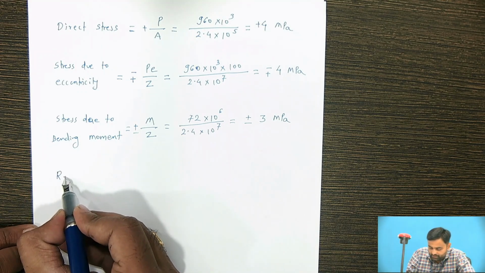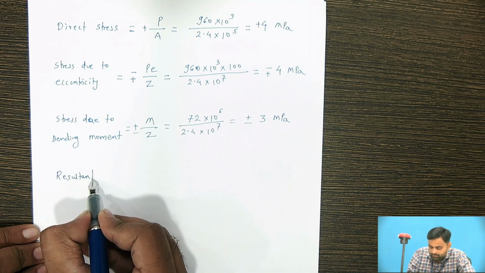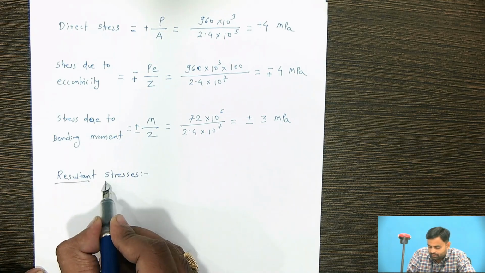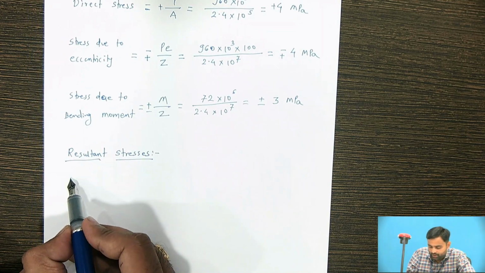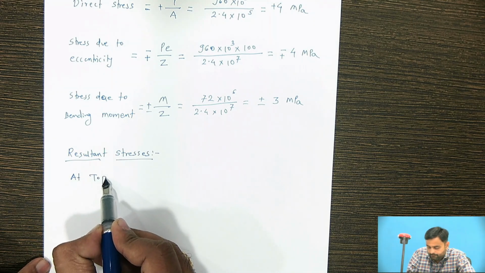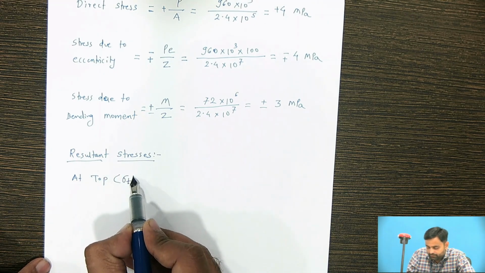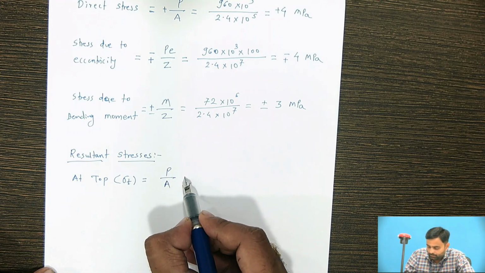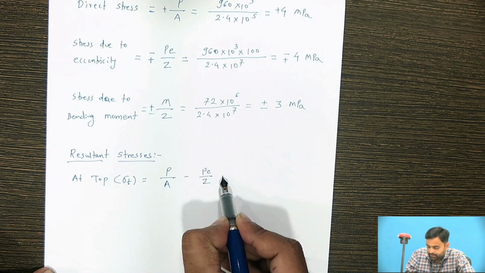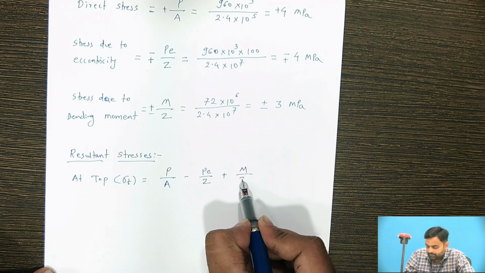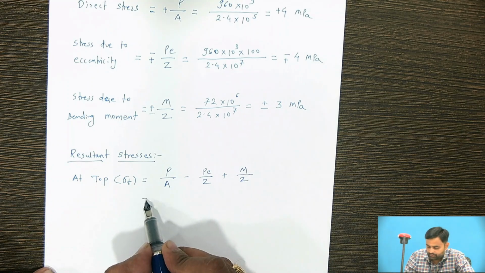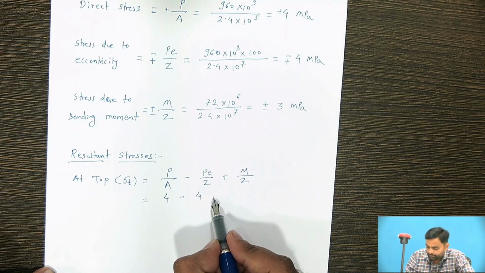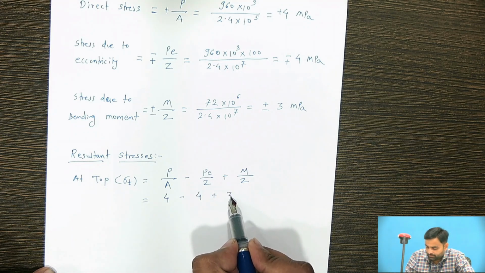Resultant stresses. At the top, the resultant stress, we will call it sigma T. The formula for this is P by A minus PE by Z plus M by Z. We just need to put the values, which is equal to P by A is 4, minus PE by Z is 4, plus M by Z is 3.